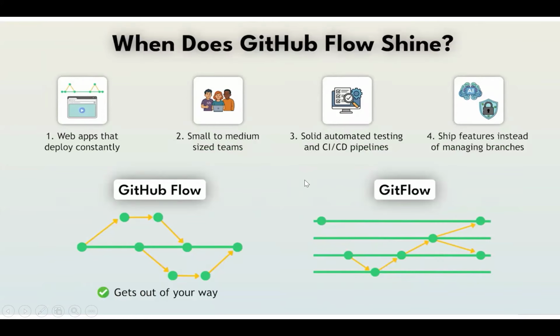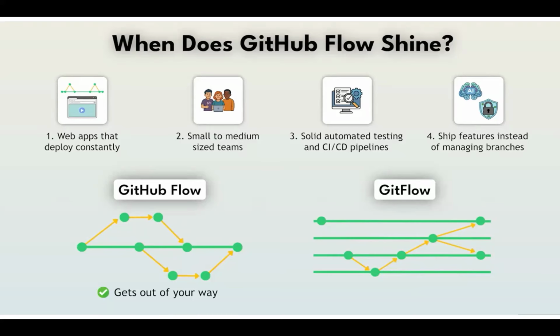And the benefit that you get is for a web app that is continuously deployed, the delay is very little. Along with that, a small and medium sized team can easily use it. Medium in the sense of 1,000, 2,000 people can easily use it.